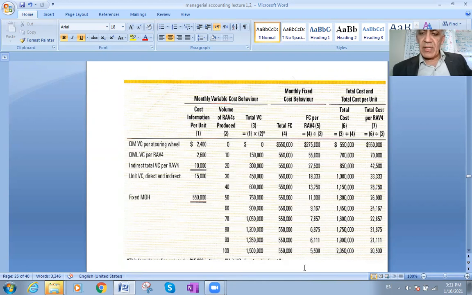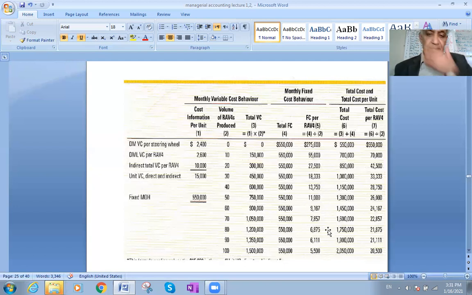Now, let us go for the total costs. Total costs equal the fixed costs plus the variable costs. So I will calculate column number 6, which equals the numbers of column number 3 and column number 4, because the total cost equals variable cost plus fixed cost all together.